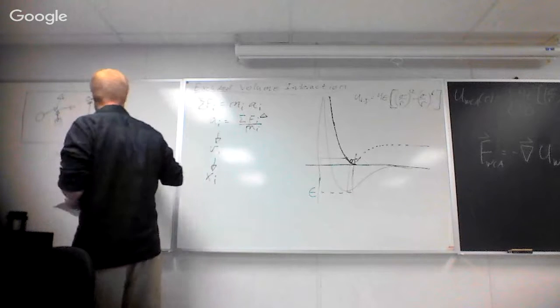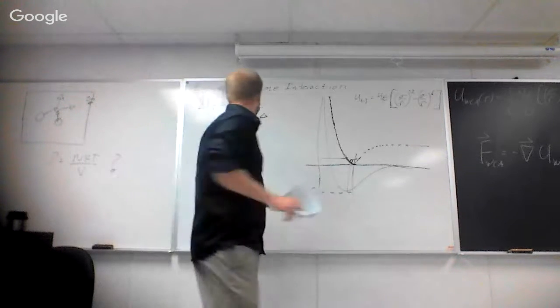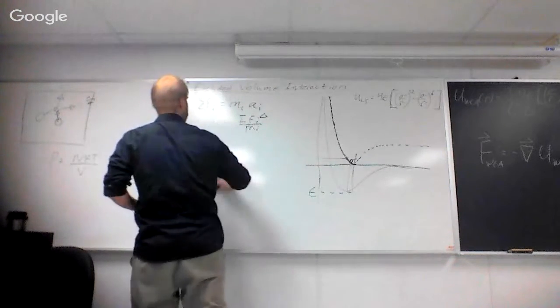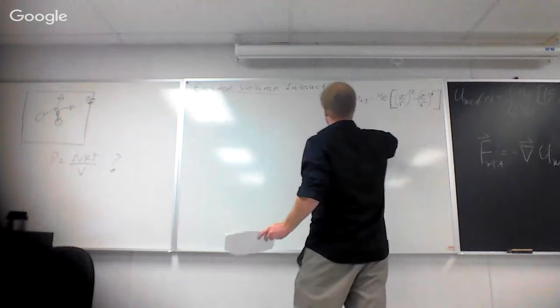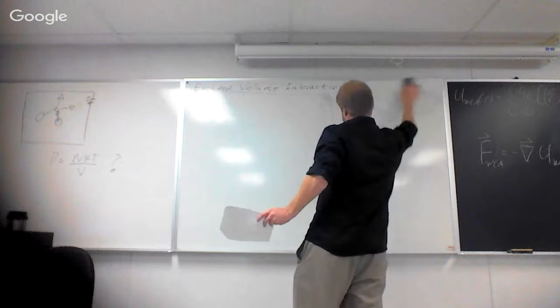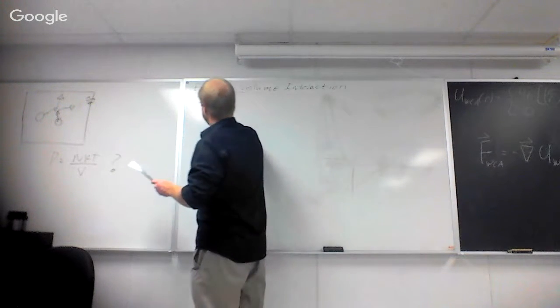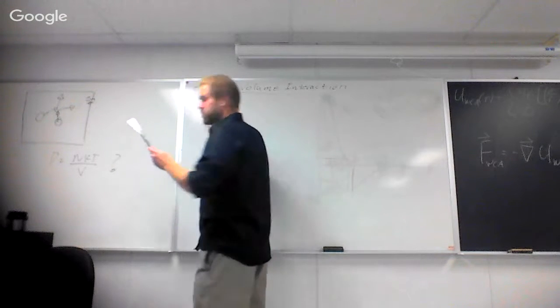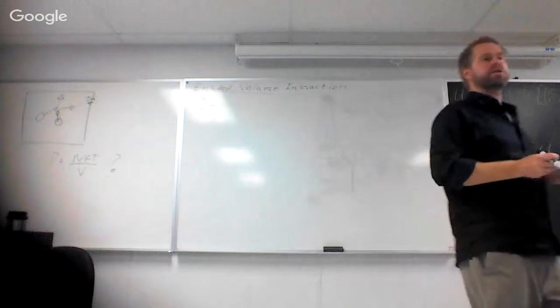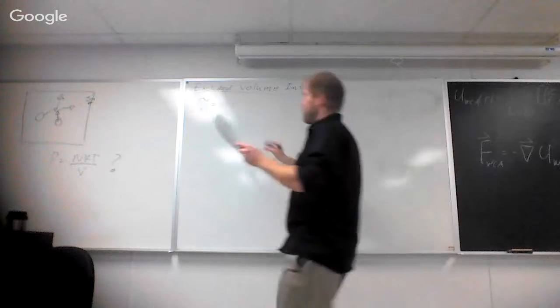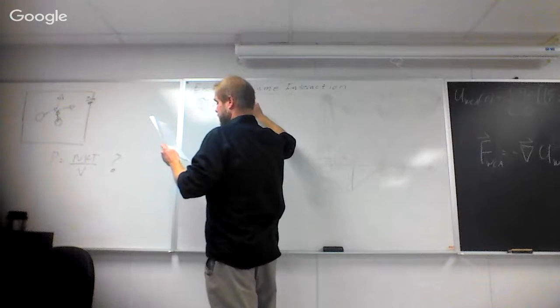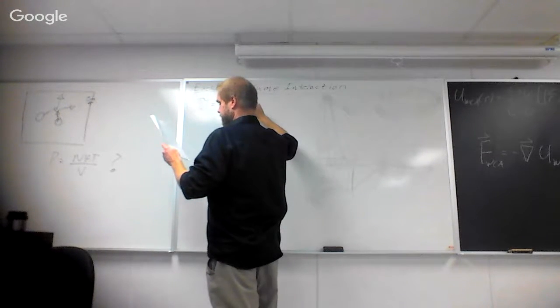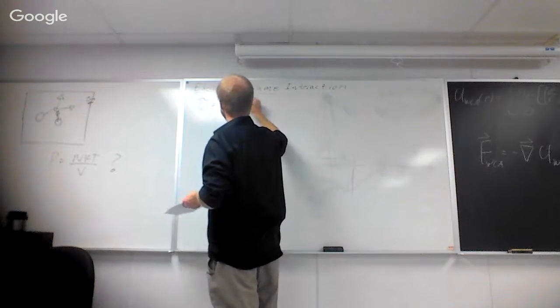Right there you guys can see it on the board. So let's write that as V tilde here. And so that's going to be our old V minus some term.